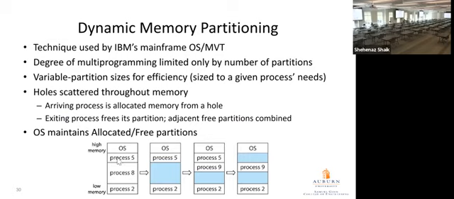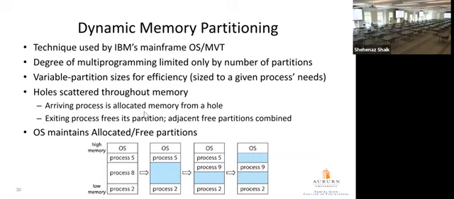And as requests arrive, we create a partition and allocate the required amount of capacity to the arriving process. So the partitions are actually made upon request by the arriving process.